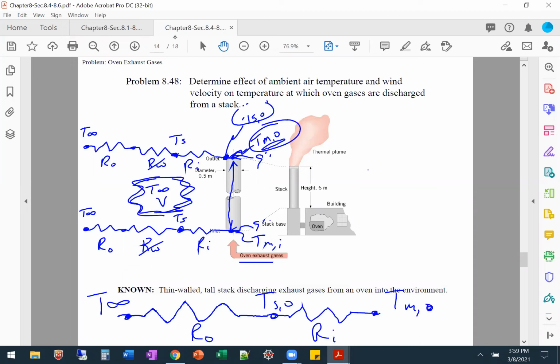So this would be our resistance network right at the outlet. If we have the outlet mean temperature, we have T infinity, we get our resistances, we can just use the thermal circuit to solve for the temperature at the surface. Okay, because we'll have T infinity, we get our T surface outlet.